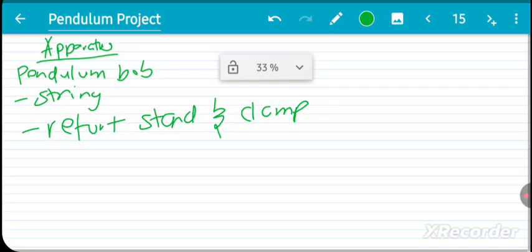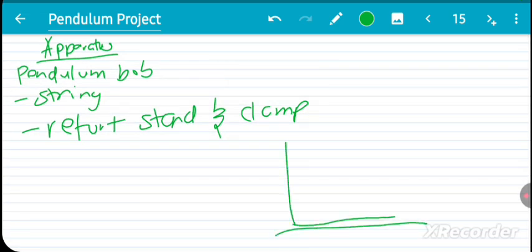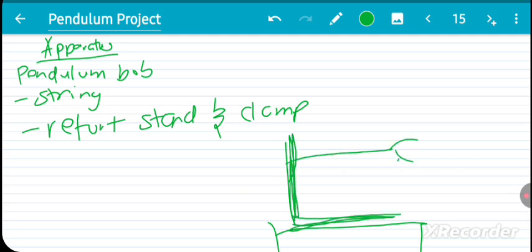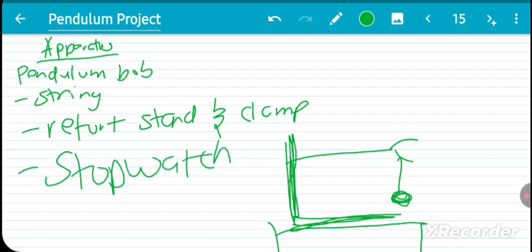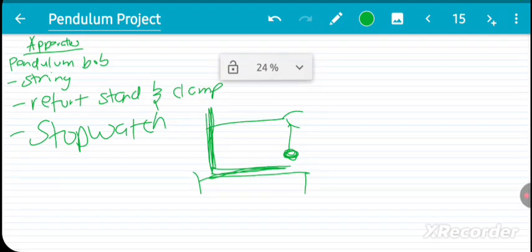So this is just the setup that looks like this. This would be your table here, and then this is a retort stand and a clamp here, and you're going to hang your string from here, and then this would be your pendulum bob. And because a pendulum is concerned with time, you're going to need a stopwatch. And because you are dealing with length here, you're going to need a meter ruler.